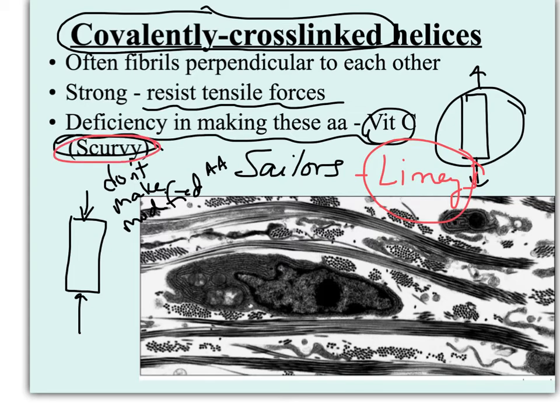Okay, scurvy was not a good disease. It caused all sorts of problems with skin, with teeth, with eyes, with everything. So preventing scurvy was very important. So the limeys were what came out of the finding that vitamin C was an important cofactor for making these modified amino acids.